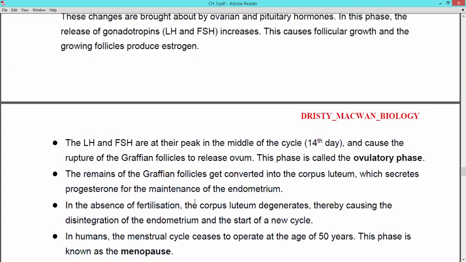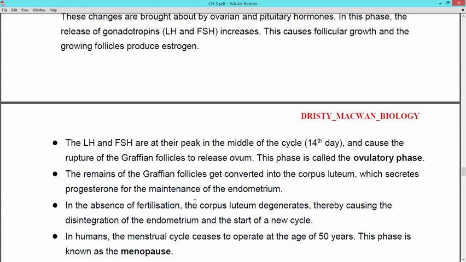When the LH and FSH levels are very high, at that time the Graafian follicles rupture and the release of the ovum or the secondary oocyte takes place, and this particular phase is known as the ovulatory phase, as the ovum is released out of the ovary. For this reason, this phase is known as the ovulatory phase.